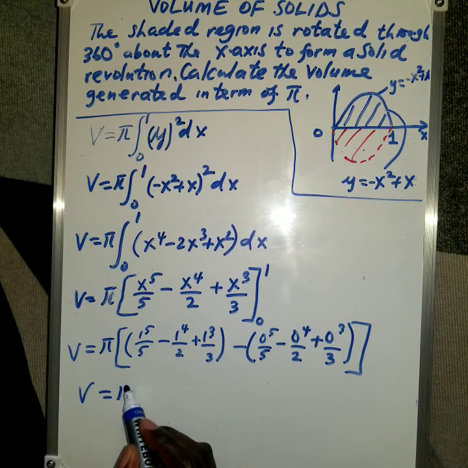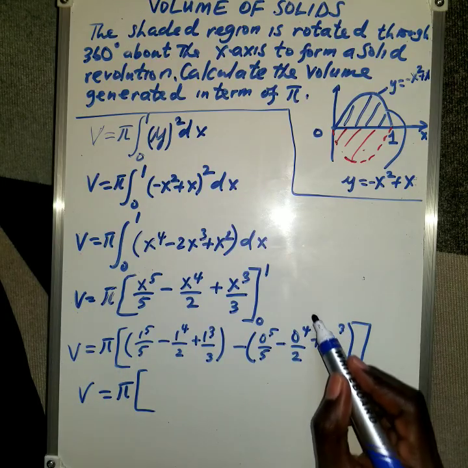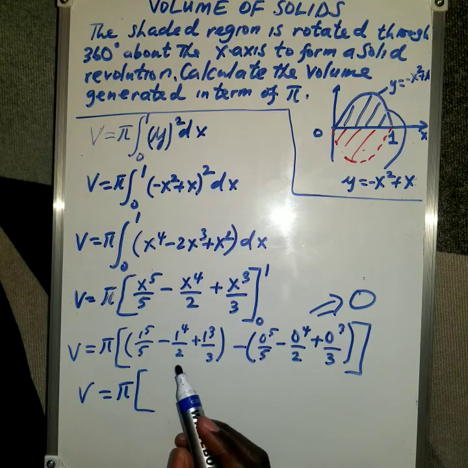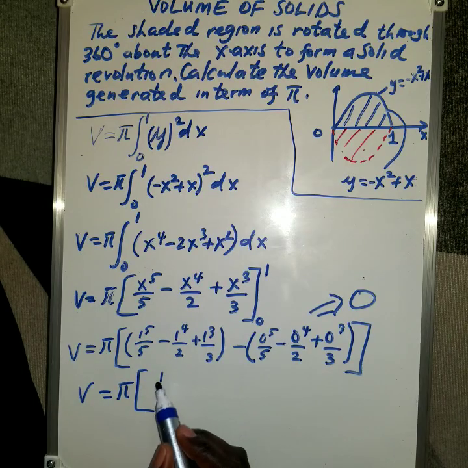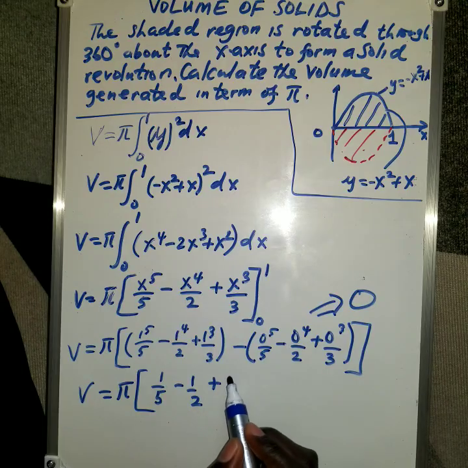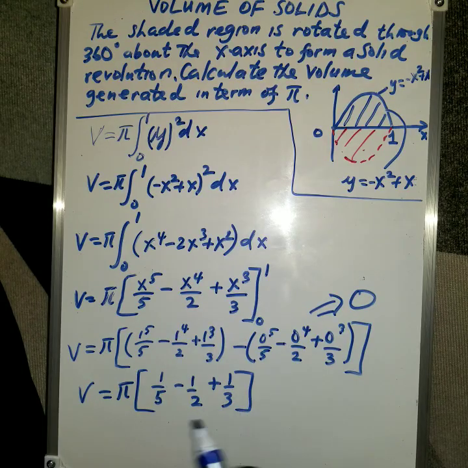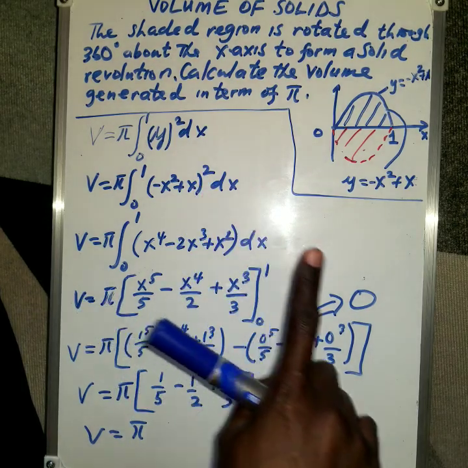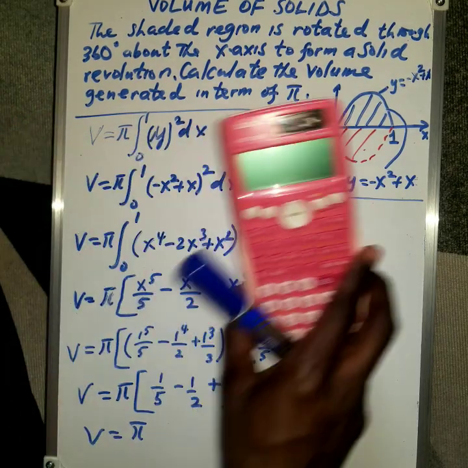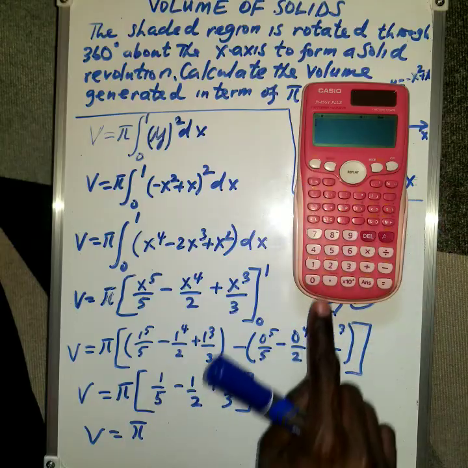So volume will be equal to pi in this case. Let me just focus on this because all the stuff here will simply give me 0. So 1 to the power 5 is just 1 over 5, minus 1 over 2, plus 1 over 3. Of course, you can use your calculator.